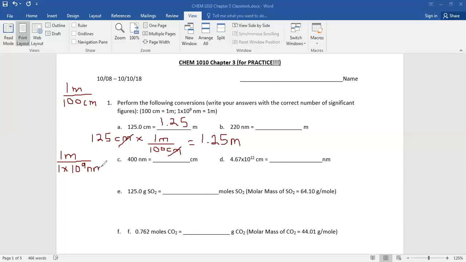And then, of course, you'll convert the meters to centimeters using this conversion factor. But because this time you're wanting centimeters and not meters, you'll do the reciprocal of this. So for every 100 centimeters, there is 1 meter.